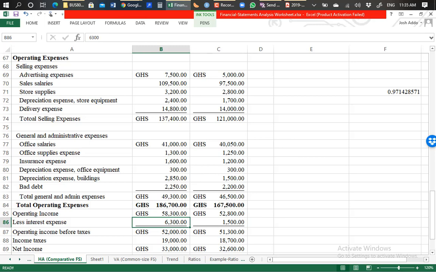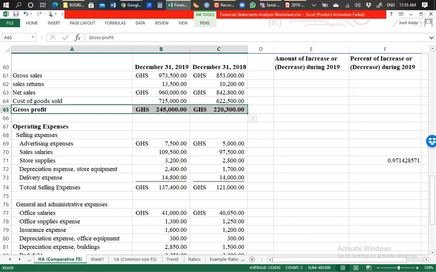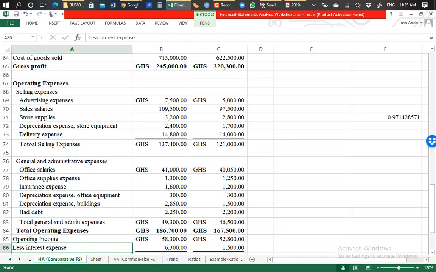When we subtract this total operating expenses from our gross profit, which is $245,000 for 2019, then we get operating income, also known as profit from operations, also known as profit before interest and tax, of 58,300 for 2019.